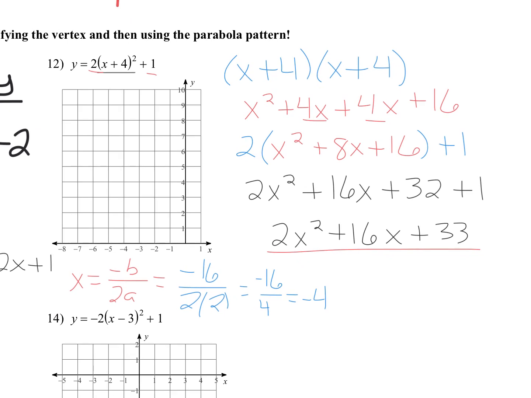So if I have negative 4 squared, what's that? What's negative 4 squared? Positive 16, right? And then 16 times 2. So we have 32 here. 16 times negative 4.